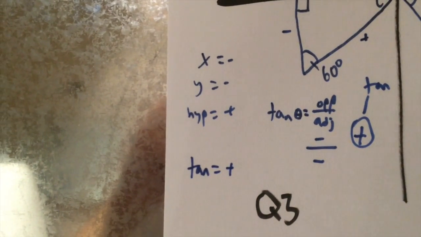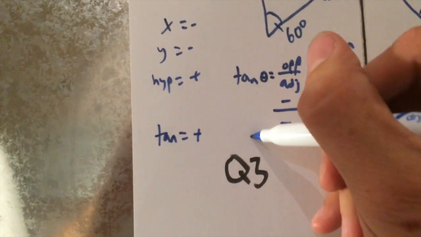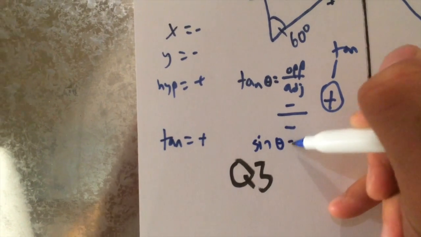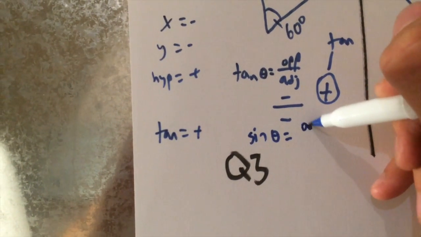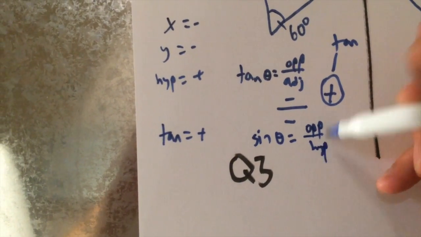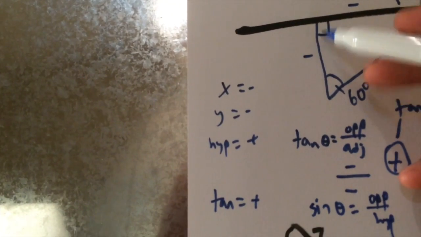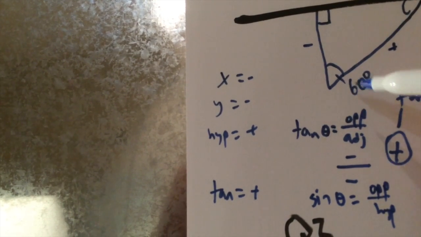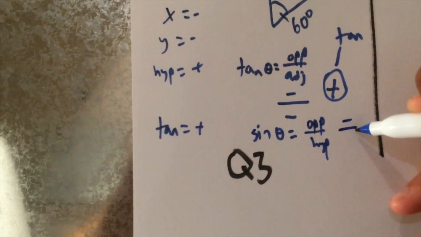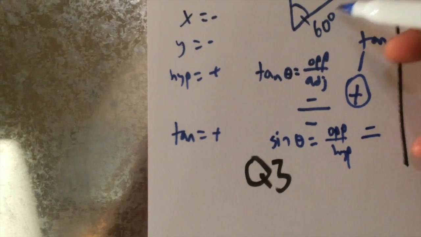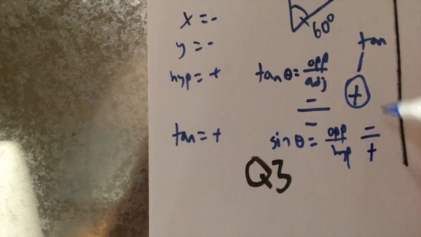So the tan is positive, and if you do sine theta, it's opposite over hypotenuse. And the opposite, which is the y value, is going to be negative. So it's negative over plus, because the hypotenuse is always positive, which equals negative.